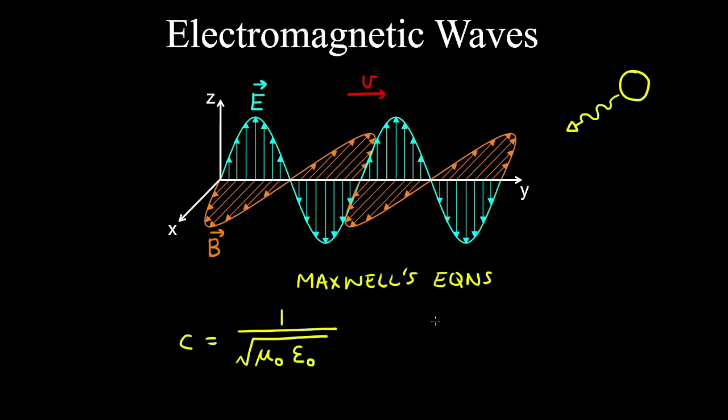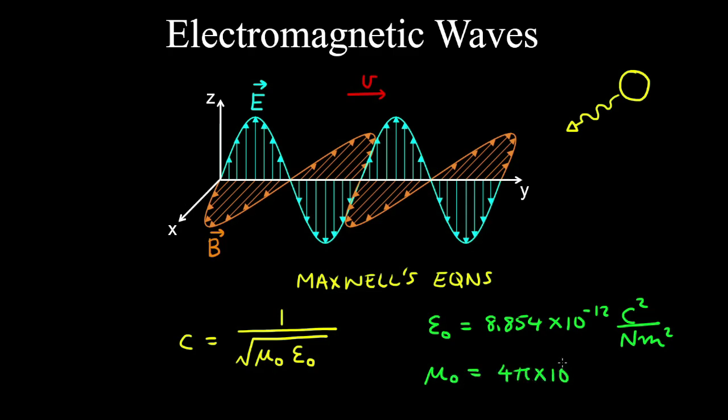And just to show some numbers, the permittivity of free space is 8.854 times 10 to the minus 12 coulombs squared per Newton meter squared. And the magnetic permeability is 4 pi times 10 to the minus 7 Newton per square ampere.